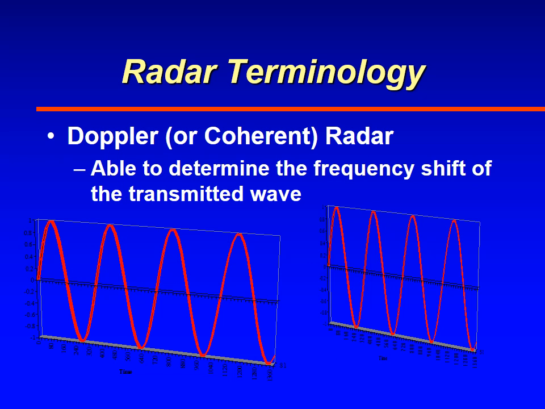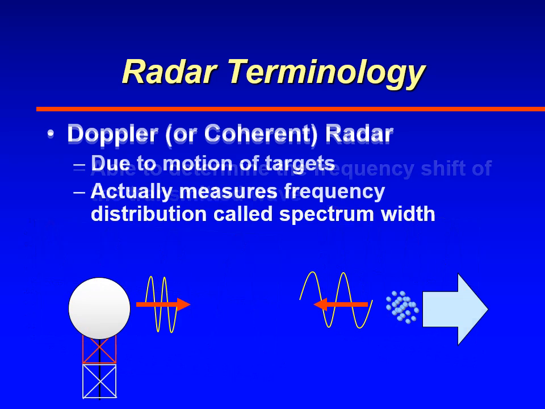Another term you probably heard of is Doppler radar. Meteorologists call it coherent radar. And that is a radar that is able to measure the change in the frequency. You send a radar pulse out at a specific frequency, a specific wavelength. It comes back at a different wavelength. And we can measure that. The reason the wavelength or the frequency changes is because of the motion of the targets.